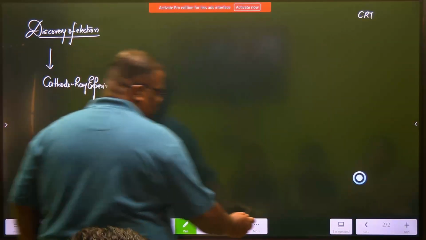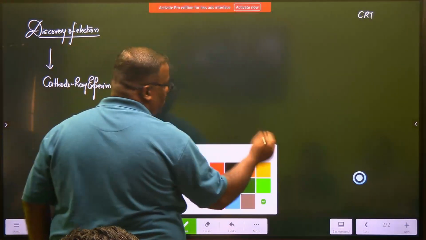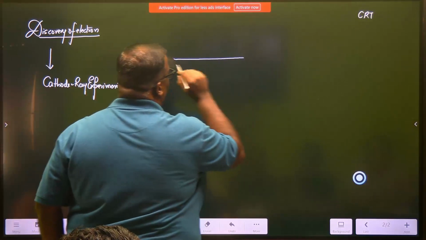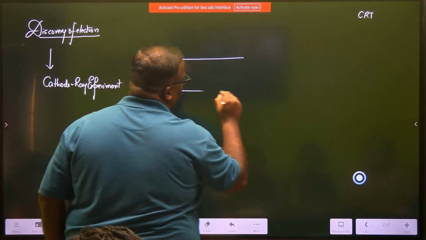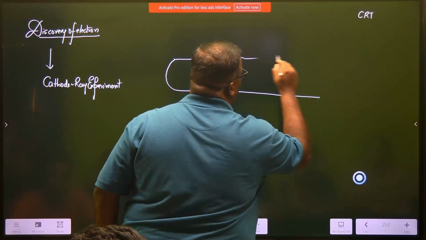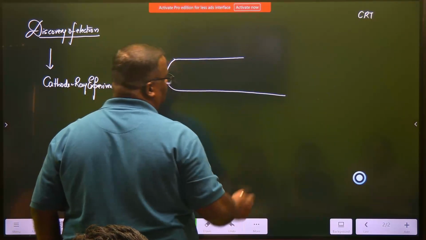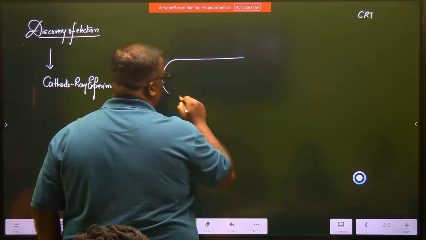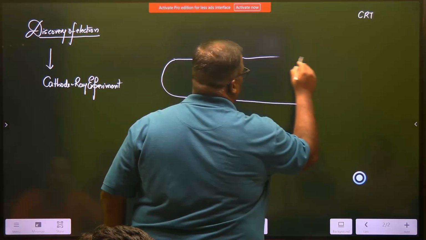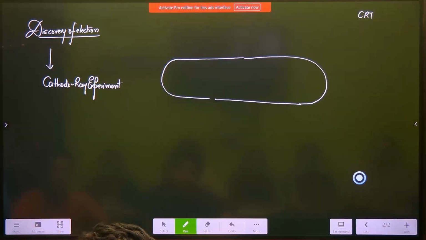So how was the cathode ray tube designed? I'm making a freehand drawing. So the cathode ray tube was a tube like this, and this is a standard formation of a cathode ray tube.